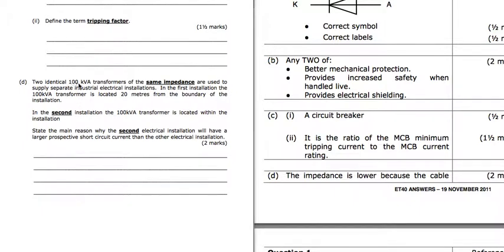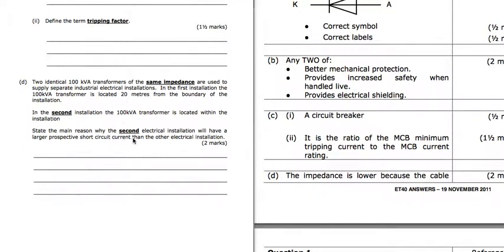Two identical 100 kVA transformers of the same impedance are used to supply separate installations. In the first installation, the transformer is 20 meters from the boundary. In the second installation, the transformer is located within the installation. So we've got some distance there of the first one, and the second one is much closer.